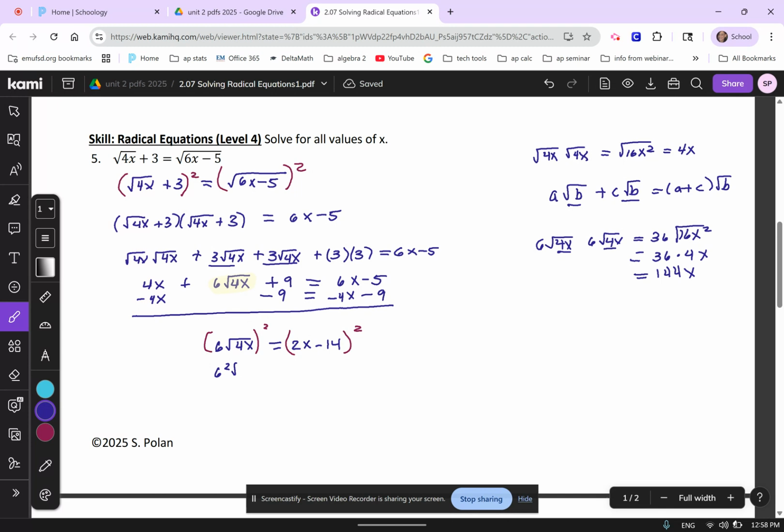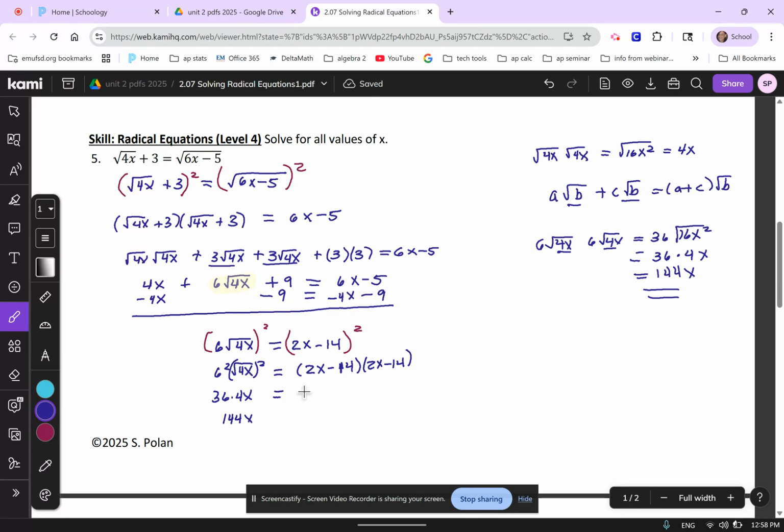This is another way of doing the same thing. And now we're going to multiply this out. So this became 36 times 4x, and 36 times 4x would be 144x. So that's what we got here.